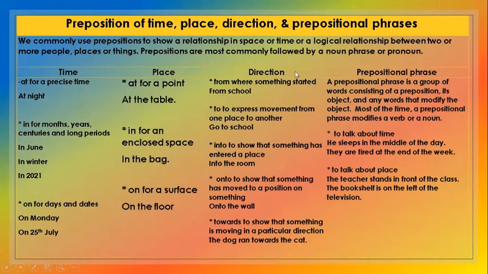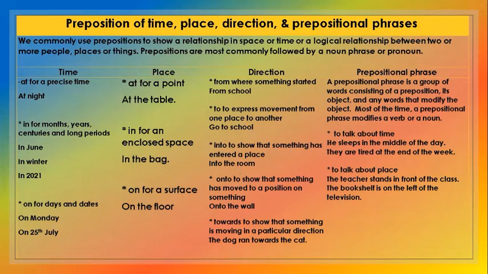Look at direction. We use from and to. From shows where something started, for example, from school. To expresses movement from one place to another, go to school. Into and onto: look at into, to show that something has entered a place, into the room, into the restaurant, into the park.